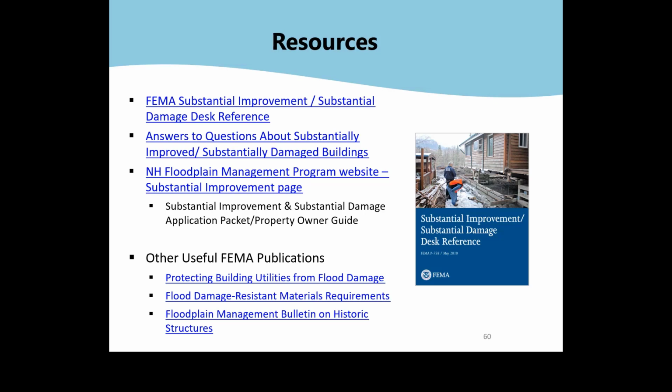This can give people ideas on flood protection measures they may want to do anyway. There's also the floodplain management bulletin on historic structures that I mentioned before, which gives more information about the NFIP and historic structures and that exemption from the SI requirement that's in the SI definition.